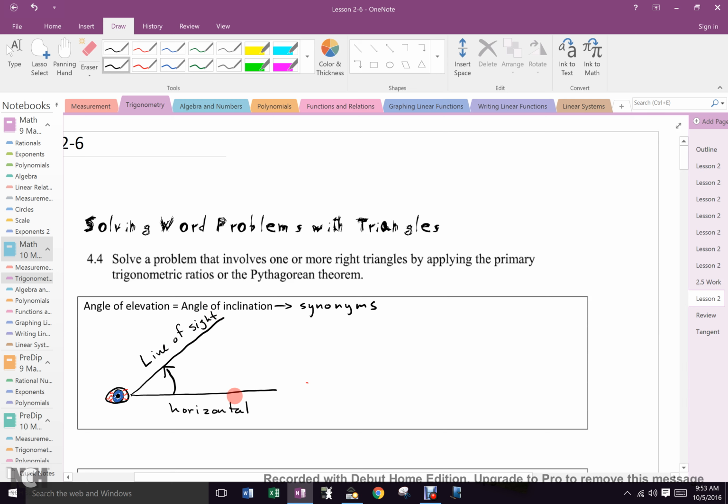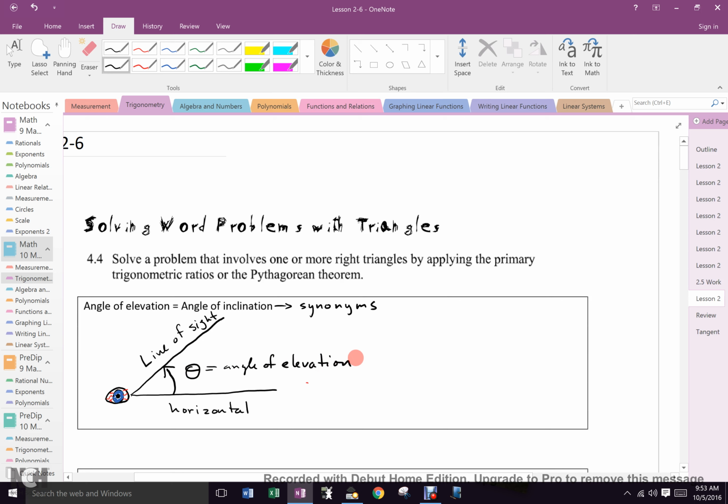Once you move your line of sight that starts level, hopefully your line of sight is in front of you so you don't walk into a wall, and you move your eyes up, you create this angle. There's your theta. Everybody cool with that? Does everybody understand what is happening there? My eyes have moved up. So this theta becomes an angle of elevation.